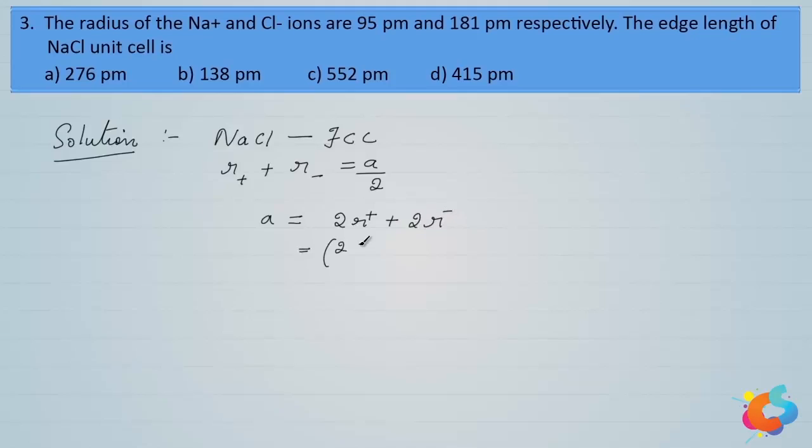By substituting the values, 2 into 95 plus 2 into 181, we get 190 plus 362. Upon adding, we get the value as 552 picometer. And hence, the right option is option C.